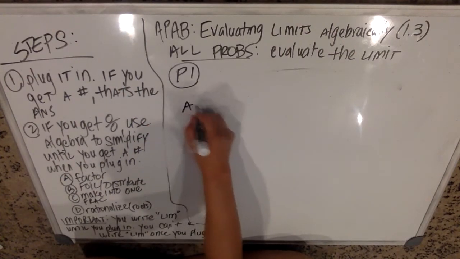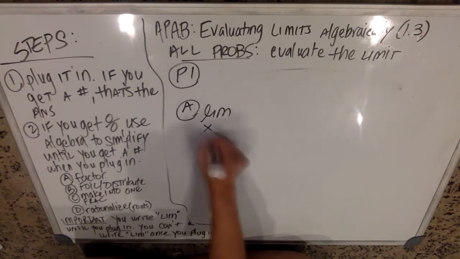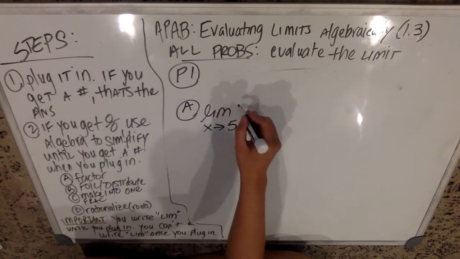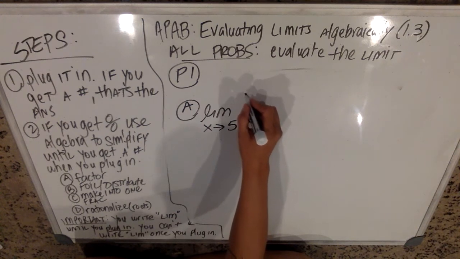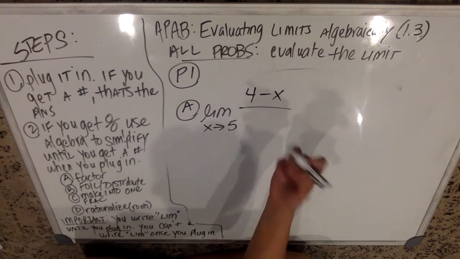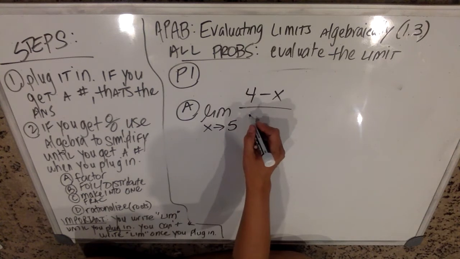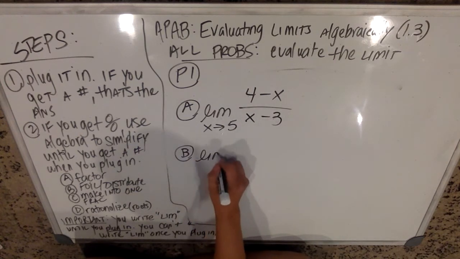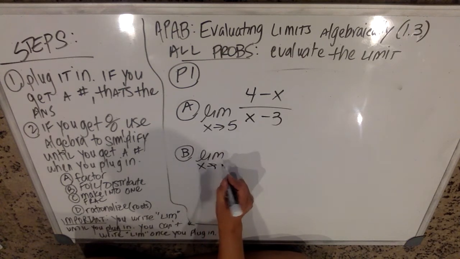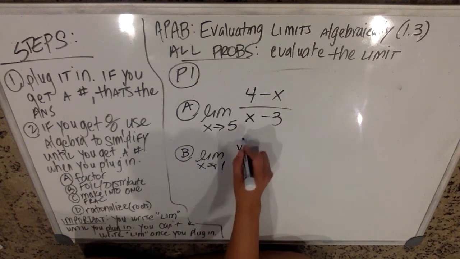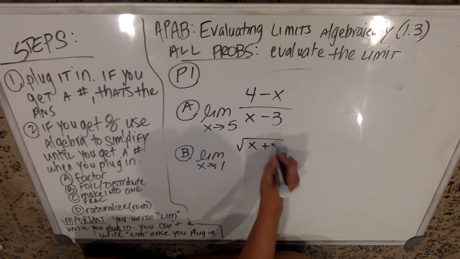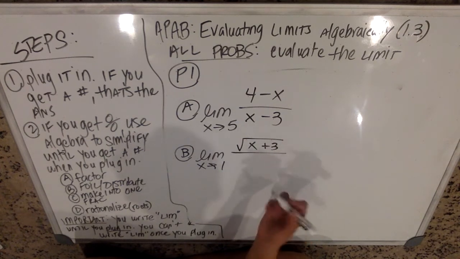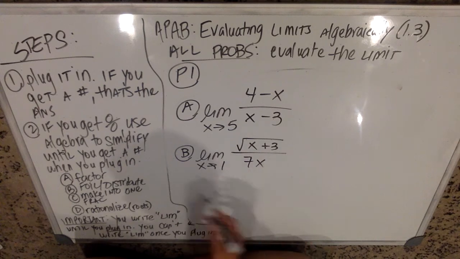So let's do the limit as x approaches 5 of 4 minus x over x minus 3. Cool. Let's do the limit as x approaches 1 of the square root of x plus 3 over 7x.